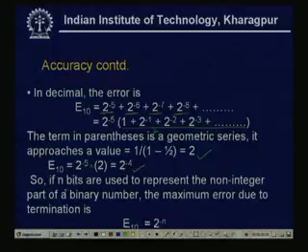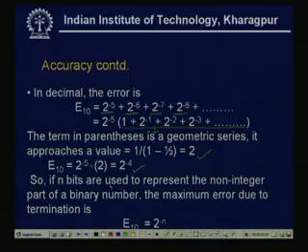So, if n bits, in our example we have tried n equal to 4, that means up to 4 bits. The number was truncated up to 4 bits after the decimal point; the 4 bits were taken.